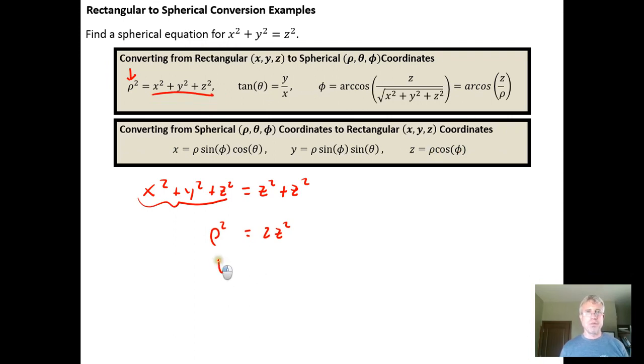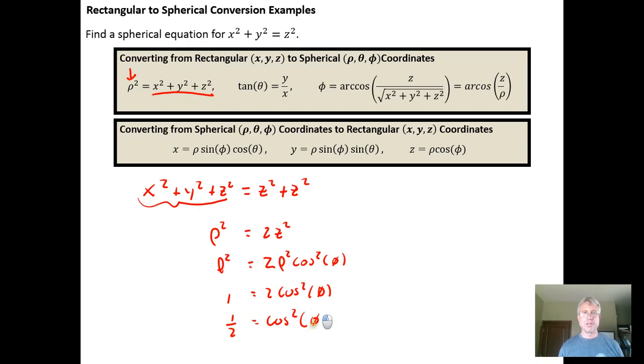So I get rho squared equals 2 times rho squared cosine squared of phi. And you can see here, if you divide both sides by rho squared, you get 1 equals twice the cosine squared of phi, which means a half is going to equal the cosine squared of phi.